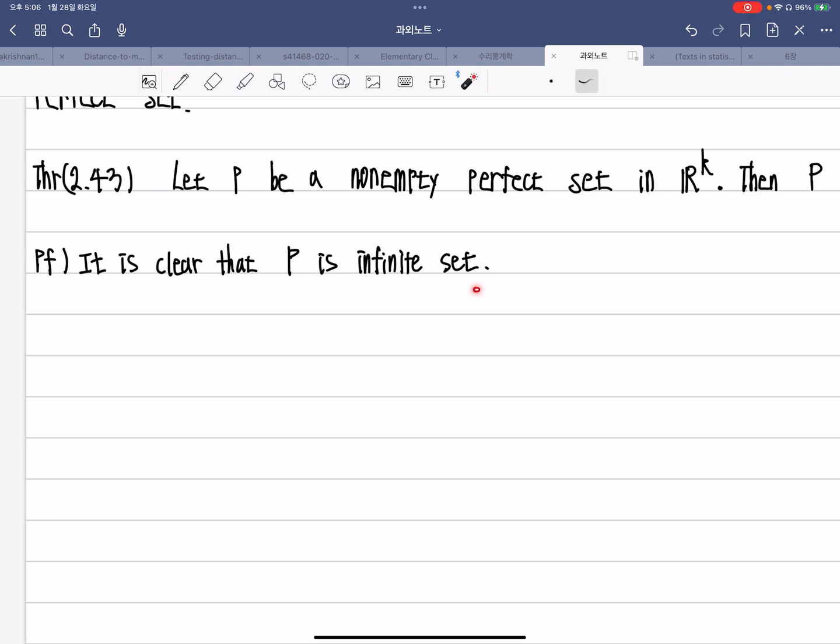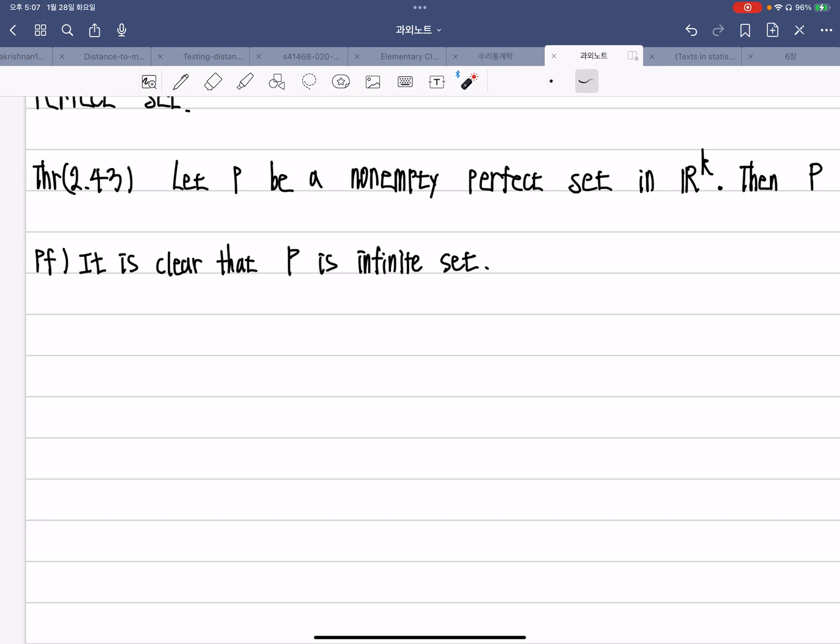Why is P an infinite set? P is non-empty, so P has an element, its own element X. By definition of P, X is a limit point of P. So P must have infinite elements.